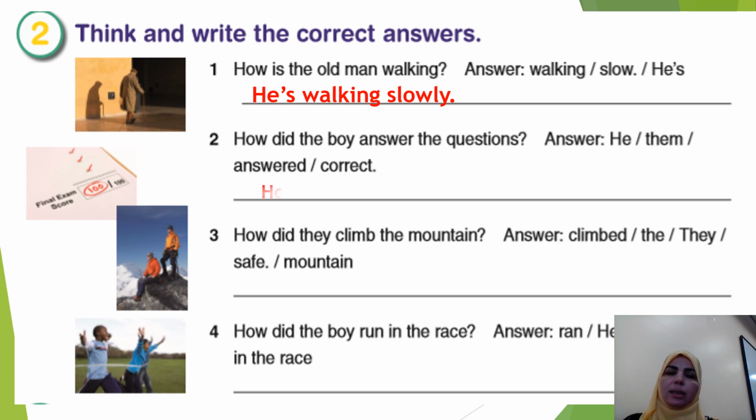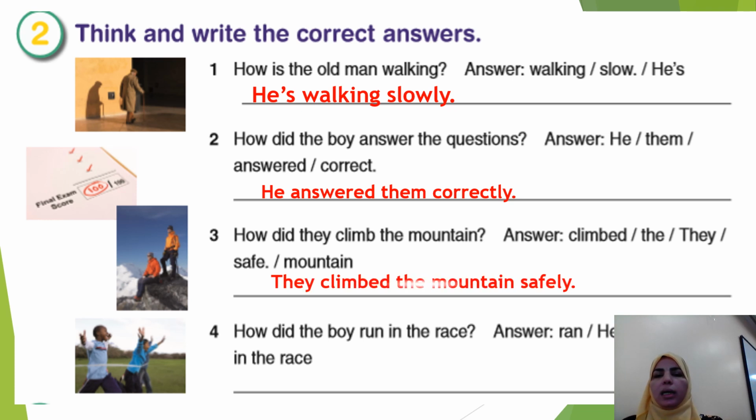The answer is he answered them correctly. Correctly is an adverb. It describes the verb answered. Number 3, how did they climb the mountain? The answer is they climbed the mountain safely.